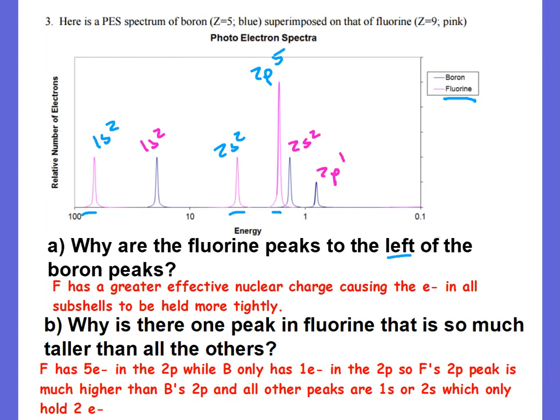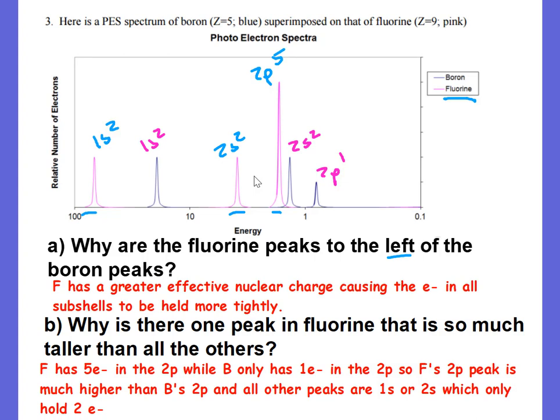So fluorine has 5 electrons in the 2p, while boron only has 1 electron in its 2p. So fluorine's 2p peak is much higher than boron's 2p, and all the other peaks are 1s or 2s, which causes them to only have 2 electrons. And remember, height has to do with number of electrons.